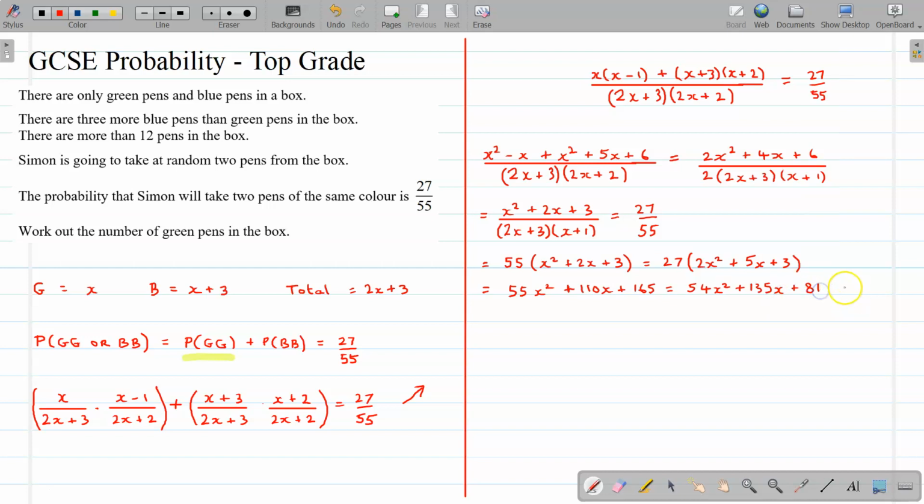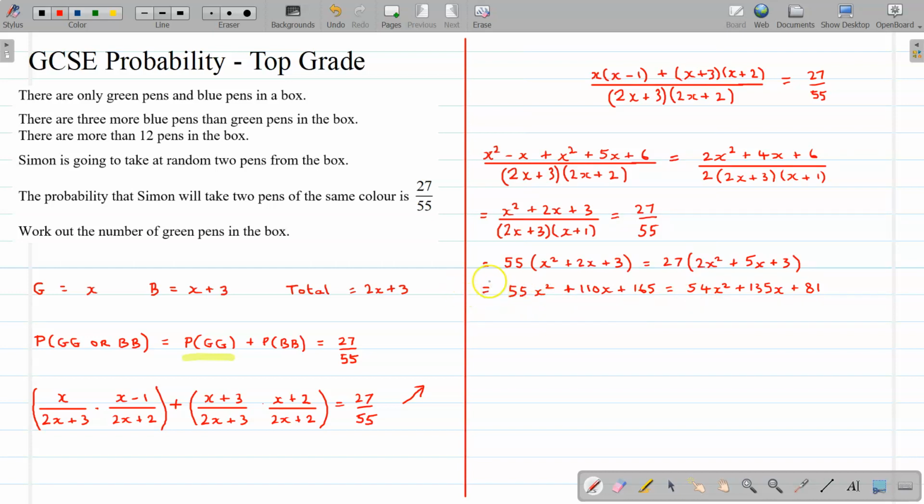Now, hopefully you can see the formation of a quadratic, because I've got an x squared term, x term, and number on both sides. If I just subtract one from the other, I'll have a 0 on the right by subtracting the 54x squared from here.